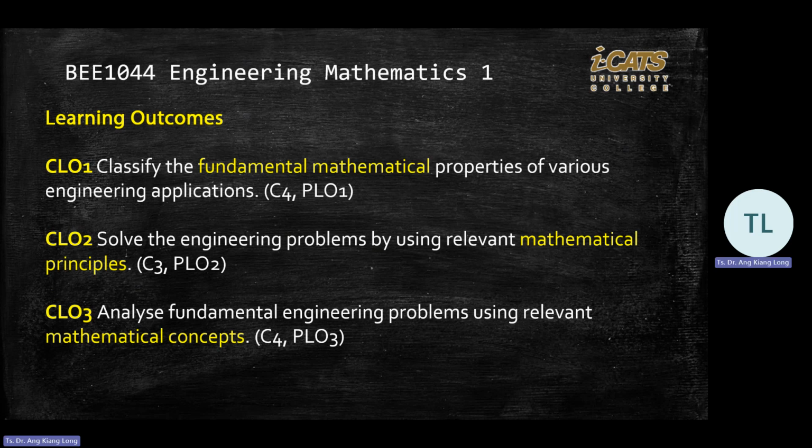CLO2 means you solve an engineering problem, so you need to relate to that particular statement, one paragraph. You need to extract information, then put that into the formula. Then you find, at the end, you get one number. You need to tell me what that number means to you. See, this one is the mathematical concept. Basically, the 3 of these are quite similar.